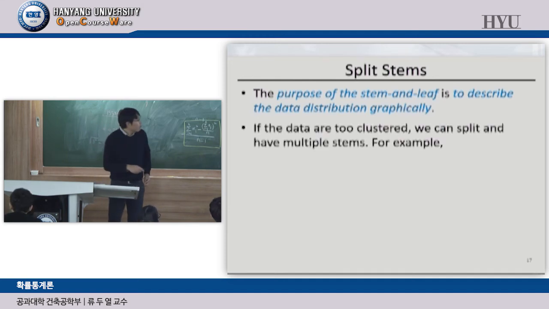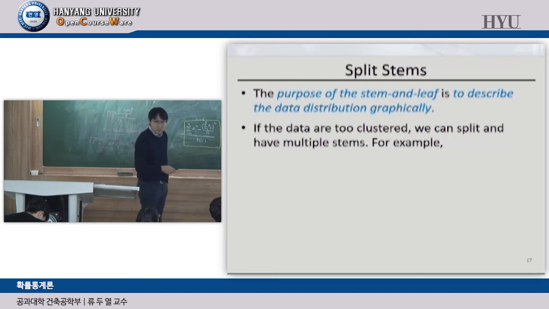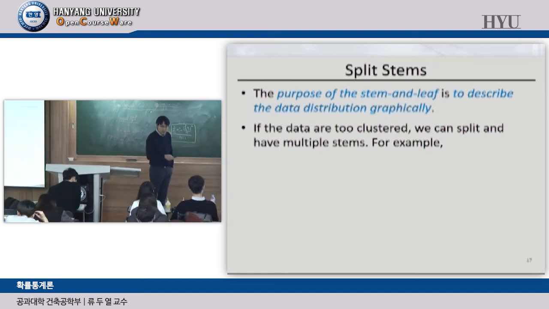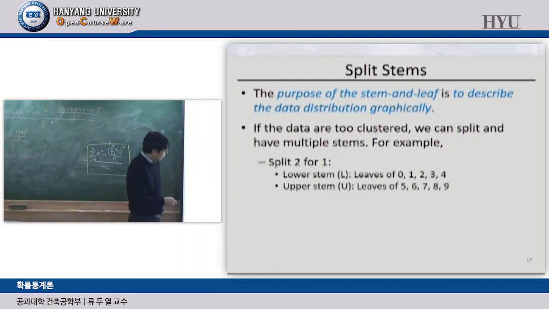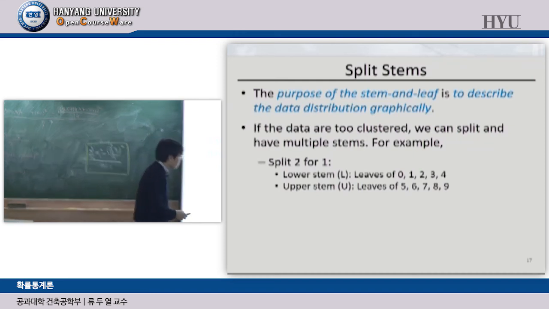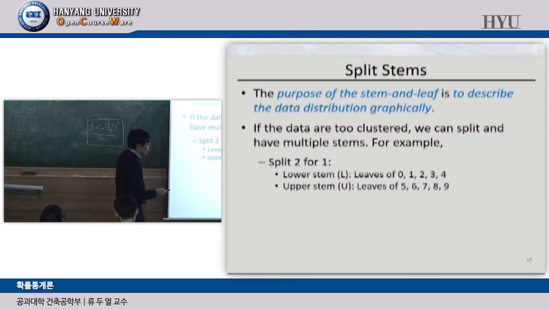If the data points are too clustered, too compacted, we can split the stem and have multiple stems. For example, we can split the stems by 2. We can have the lower stem L and the upper stem U. In the case of the lower stem, the values of the leaves will be only 0, 1, 2, 3, 4.